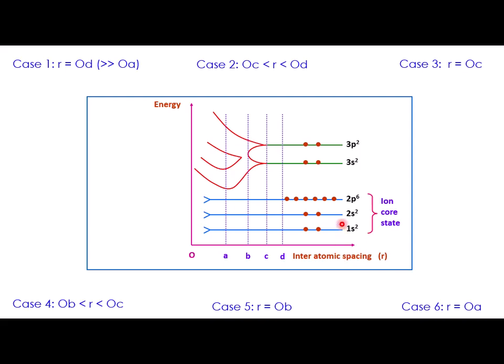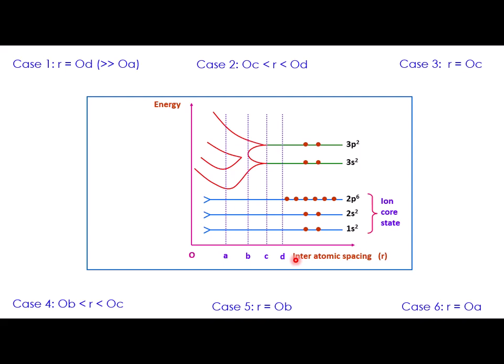That means the 3s energy level of the first atom, second atom, third atom, fourth atom, all n atoms will have the same energy value, and the 3p energy levels of all atoms will have the same energy values. When the atoms are isolated from each other, the interatomic separation is very much greater than the equilibrium value, so the energy levels are clearly distinct.